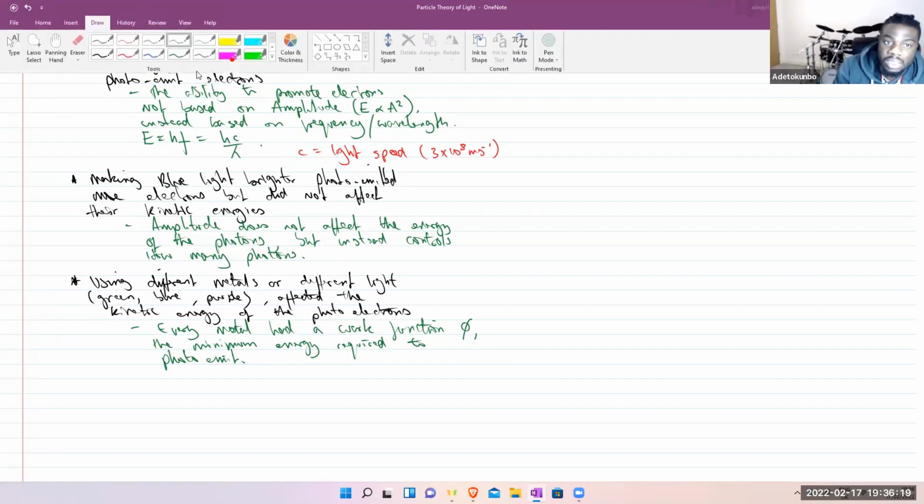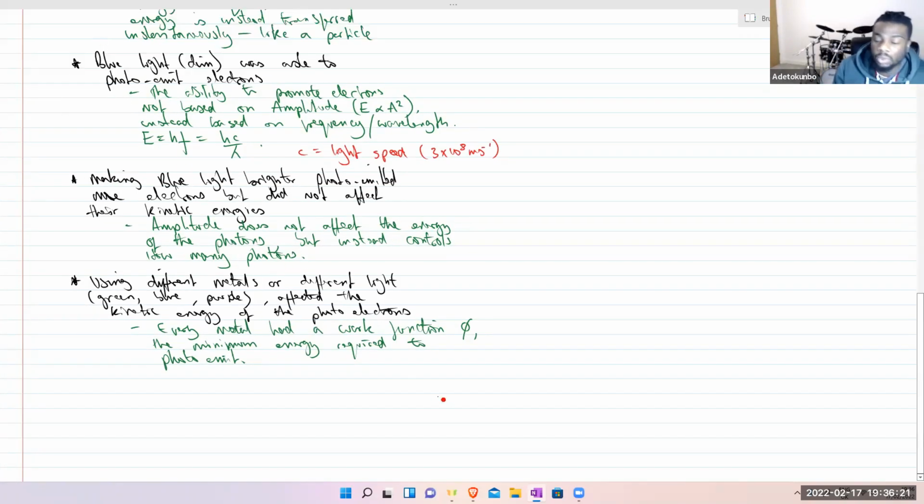So this therefore gives us the photoelectric effect equation, where you have half mv squared max equal to hf, the energy of the photon, minus phi, the work function, the energy that you have to give to the metal in order to get an electron out of it.